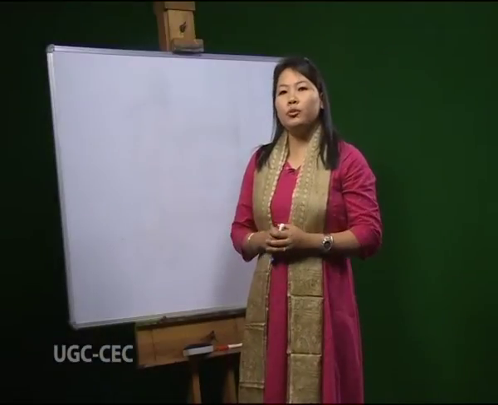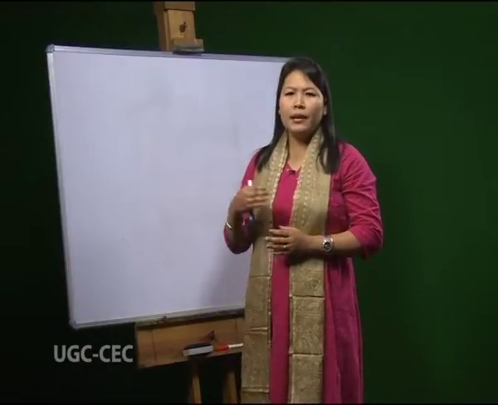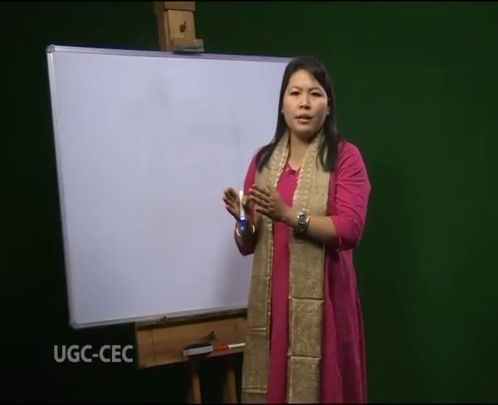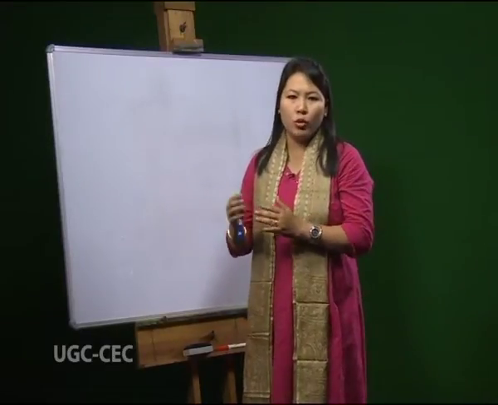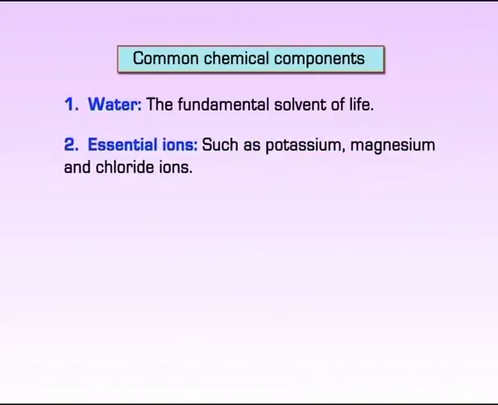So now we'll come to the biochemical composition of bacteria. In addition to this, all cells also share some chemical components. The first one is water. Water, we all know, is the fundamental solvent of life. The second one is essential ions such as potassium, magnesium and chloride ions.